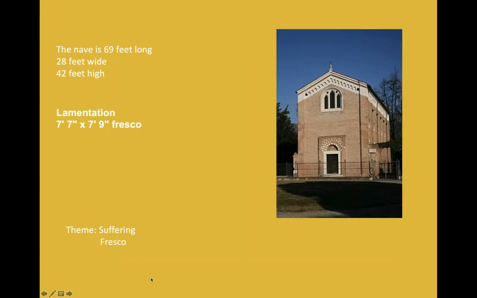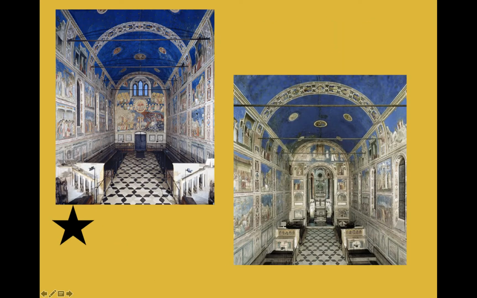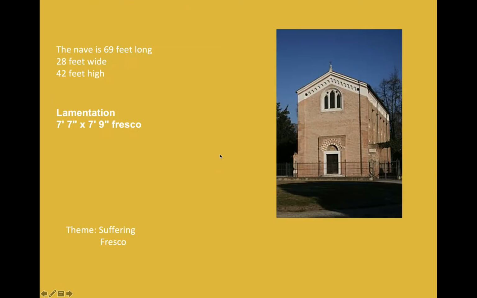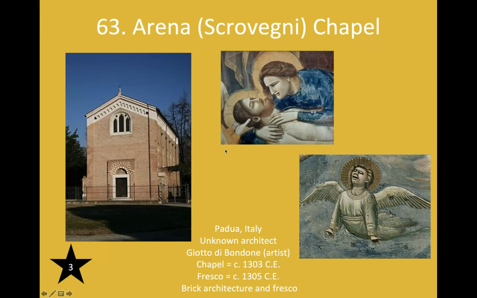Your next image is this interior image, okay? And your third image is this image, okay? So I'm going to come back to the beginning and we're going to talk about it. Actually, I'm going to stay here. So this is in a place called Padua, Italy. We do not have any idea who constructed or designed this church.